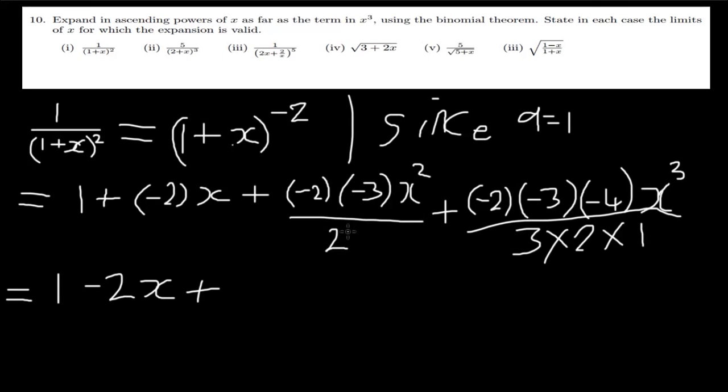Or if I don't want to do that, I can cancel these 2 and these 2, so that I will remain with negative 1 there, and then negative 1 times negative 3, and then I'll just get positive 3x squared.